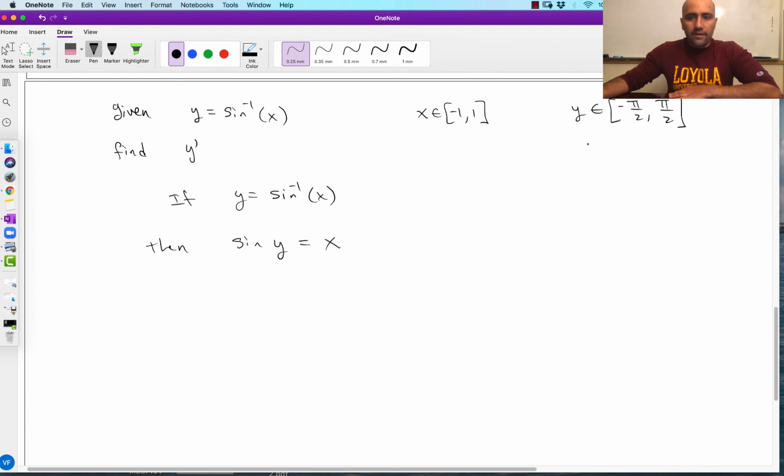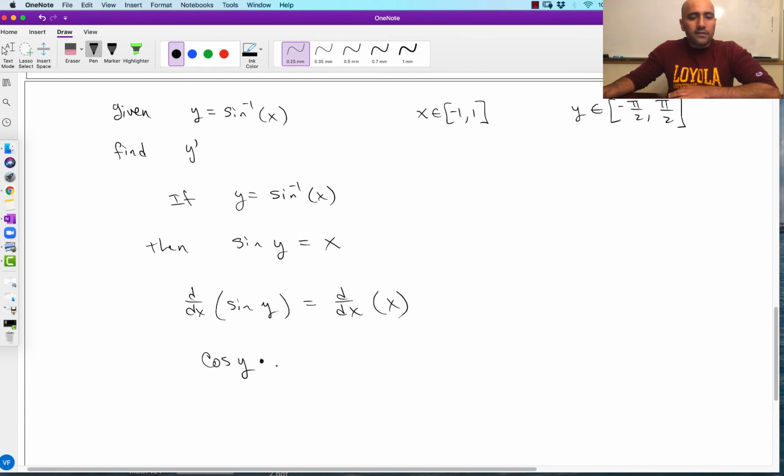Keeping in mind that x is a value between -1 and 1, and y is a value between -pi over 2 and +pi over 2. Now let's find the derivative of this with respect to x. So we have d/dx of sine y equals d/dx of x. The derivative with respect to x of sine of y, well, that's going to be equal to cosine of y.